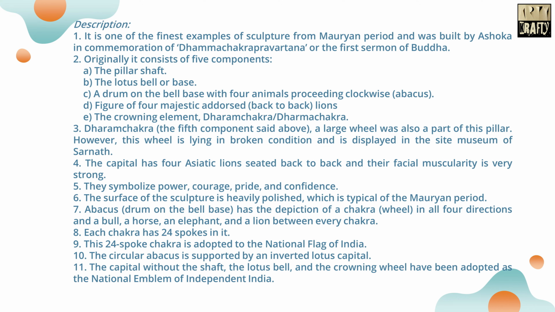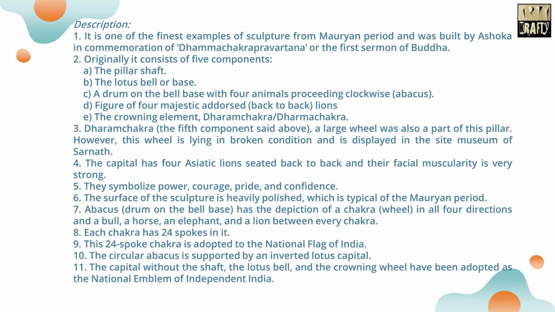The capital has 4 Asiatic lions seated back to back, and their facial muscularity is very strong. They symbolize power, courage, pride, and confidence. The surface of the sculpture is heavily polished, which is typical of the Mauryan period.